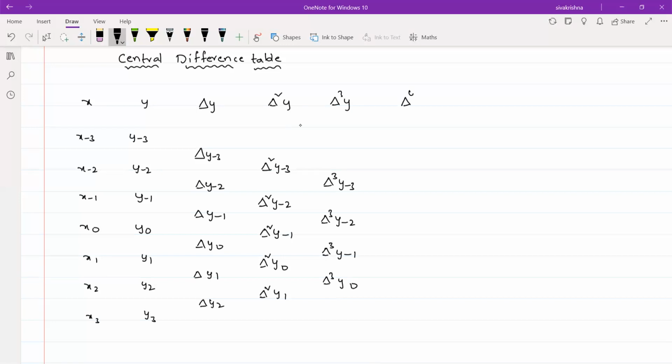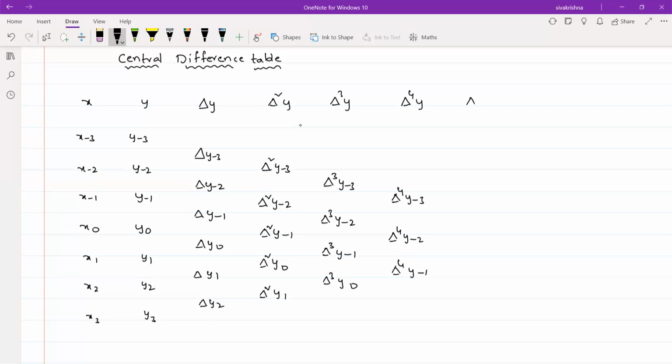Similarly, the fourth differences: this is delta power 4 y suffix minus 3. Since the first value of y is y suffix minus 3, the name of the first difference in every column starts with y suffix minus 3. After that we write y suffix minus 2, and after that y suffix minus 1.